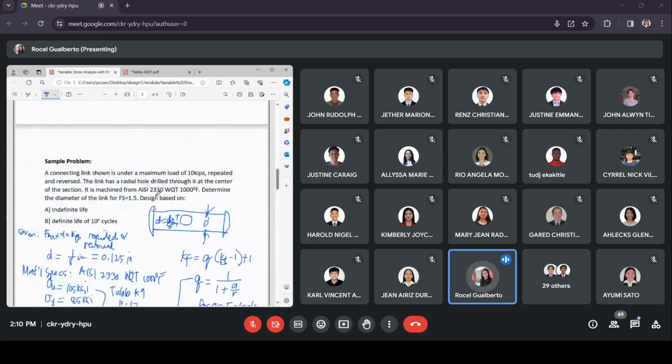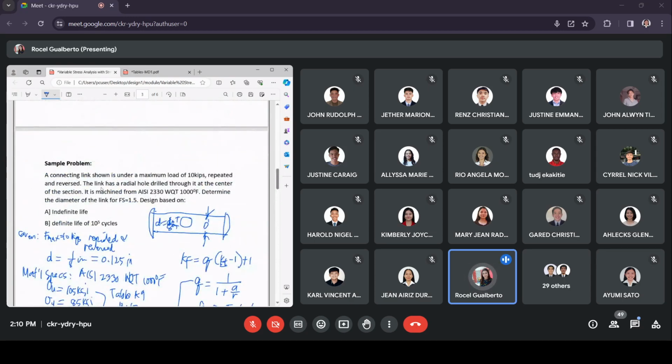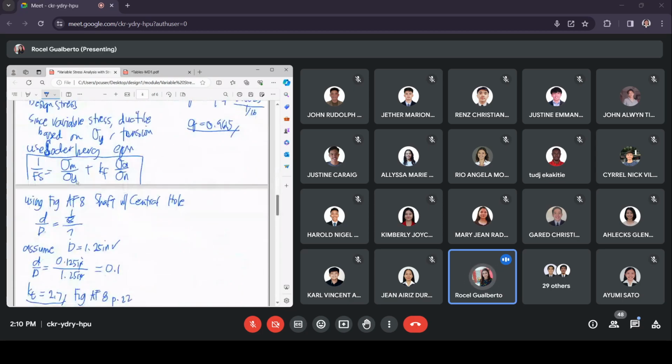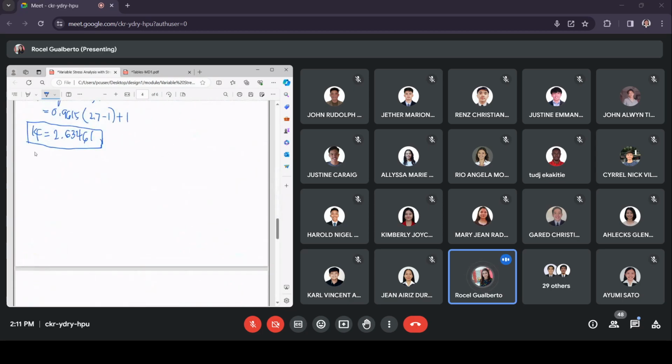We take a look again at the problem. Stated here would be maximum load of 10 kips, repeated and reverse. So since you have a repeated and reverse load, on our types of variable loading, we only have there three: repeated, reverse, and then the last one would be fluctuating.